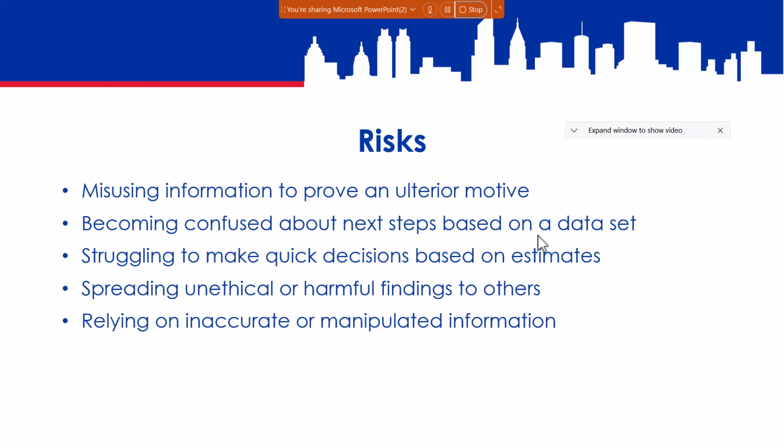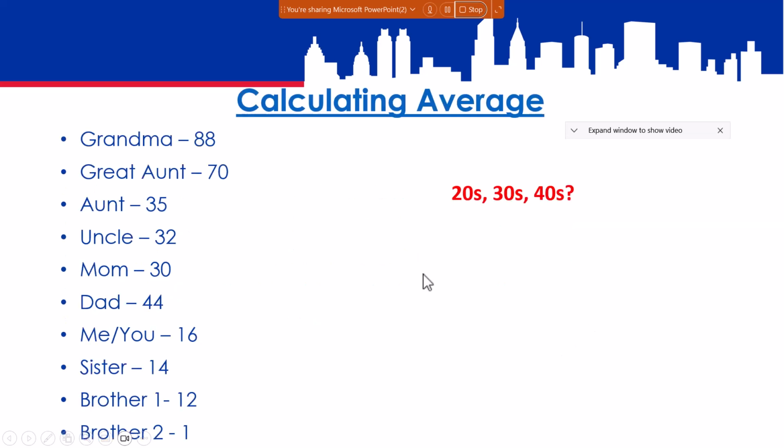Okay. So we talked about the benefits, the risks, why you should care. We're going to do this example. Let's just say this is your family. These are the ages. There are 10 individuals in this family.